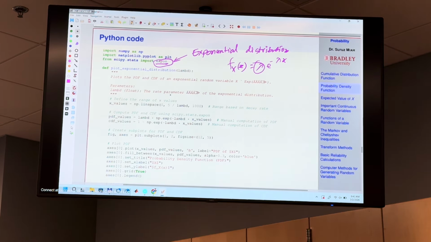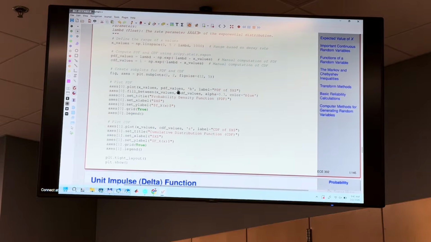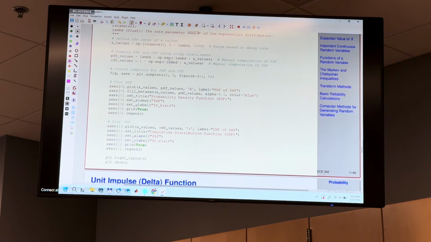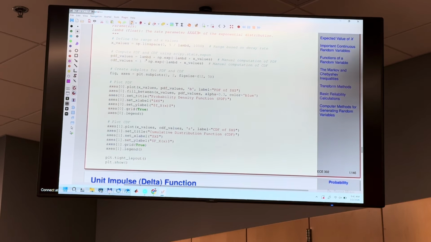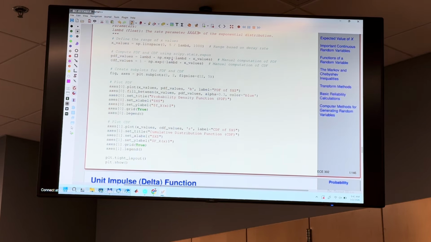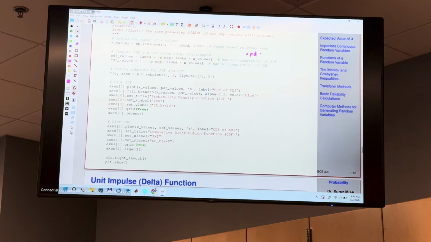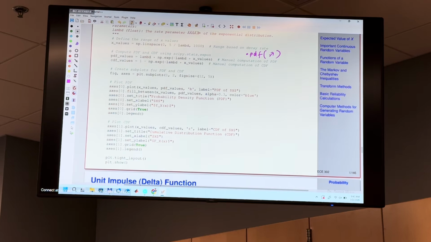All you will need to know is how you come up with the PDF value. You can get the PDF value directly from the distribution formula, or you can use dot PDF, and the parameter is only one parameter, which is lambda.